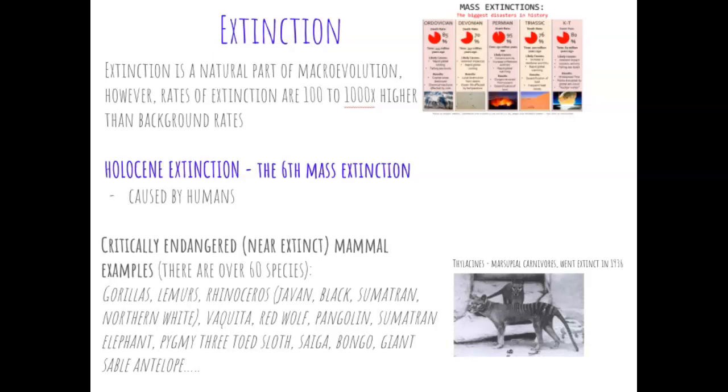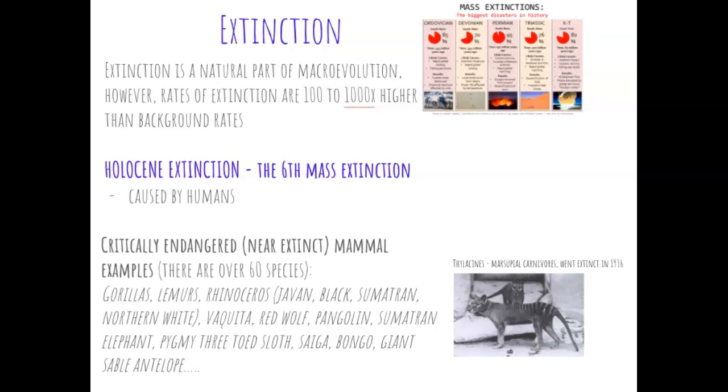So we need things to go extinct to open up niches within an environment and allow new organisms to evolve and to speciate. So there is a normal extinction rate, but right now we're in a situation where the extinction rate is 100 to 1,000 times higher than normal background rates.